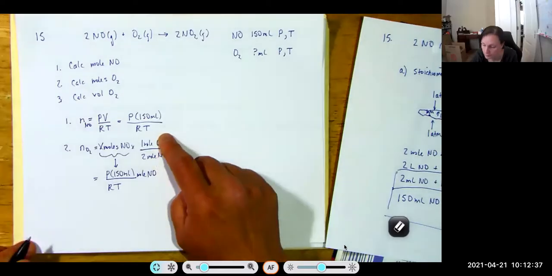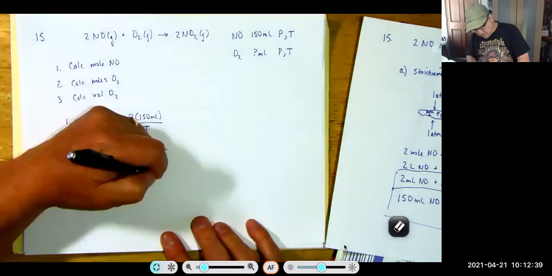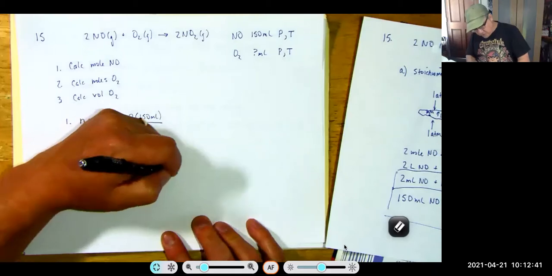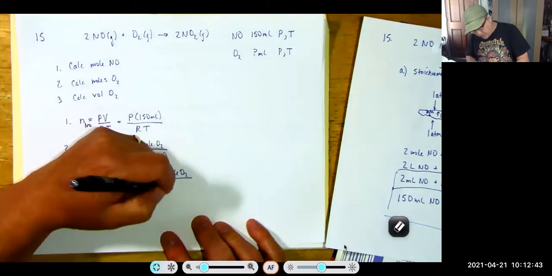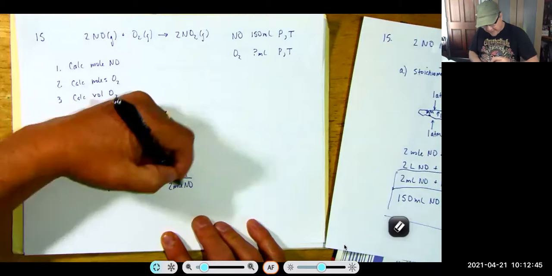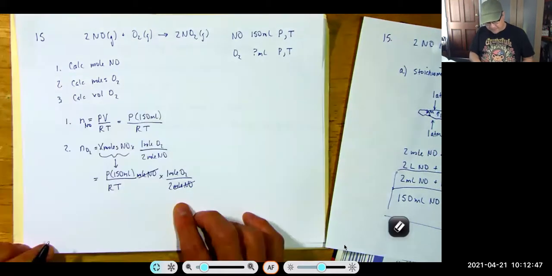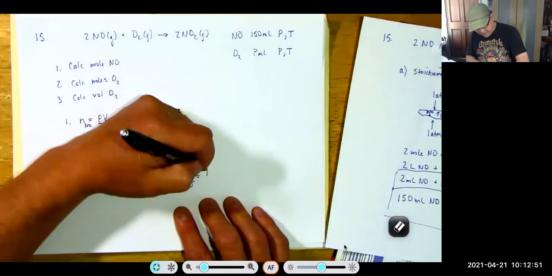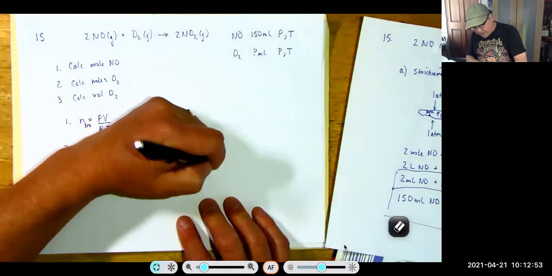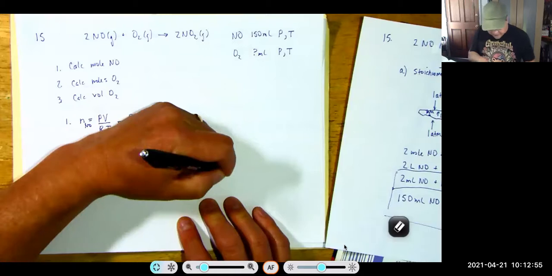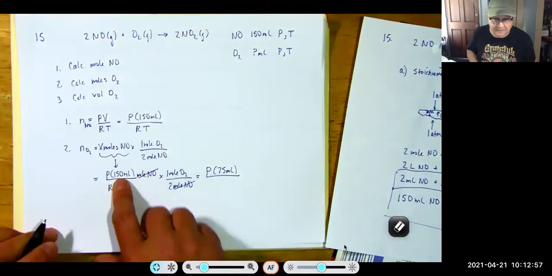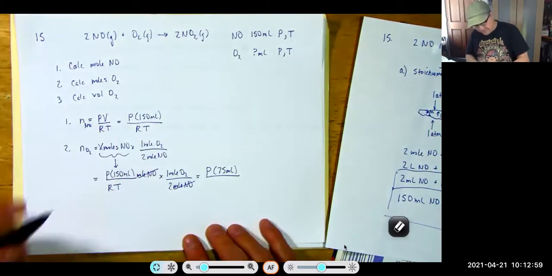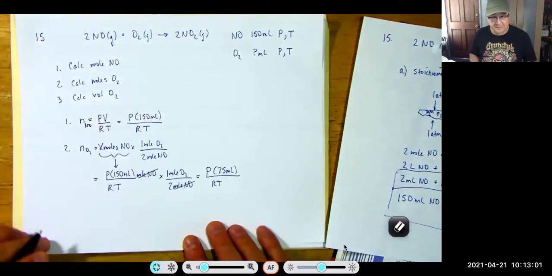Now we're going to multiply by 1 mole of O2 to 2 moles of NO, and you can see that these cancel. So now we're left with P times 75 milliliters, because 2 goes into 150 75 times, and RT. Are you with me there?